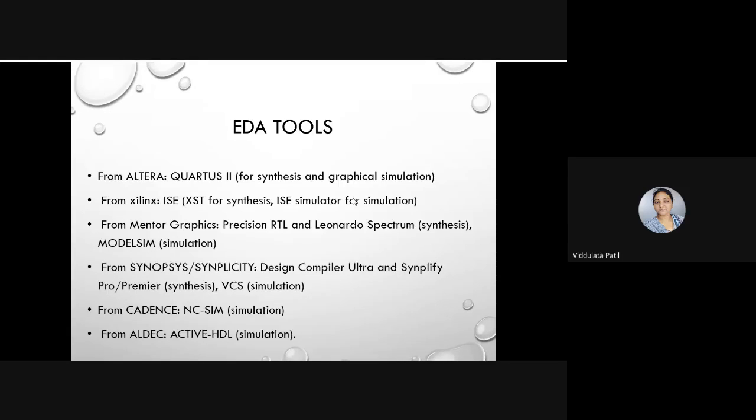Then we have Xilinx ISE, that is XST for synthesis, and ISim simulator for simulation. Okay, so you must have seen that I'm using the Xilinx ISim simulator. So that means I can do just a simulation here. So that we are using in our college also.